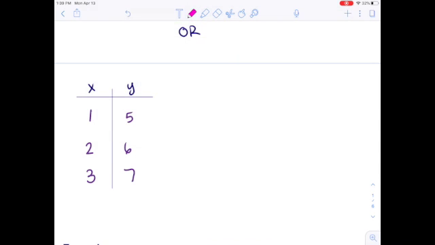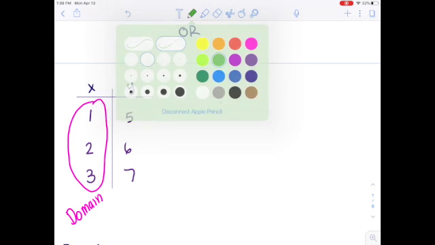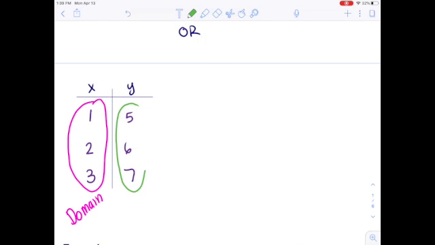If I asked you for the domain of this t-chart, you would just circle all your x values. So domain. And if I asked you for your range, you would be looking for all your y values, and that would be 5, 6, 7. Range.